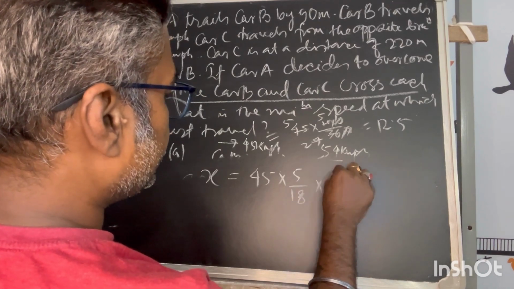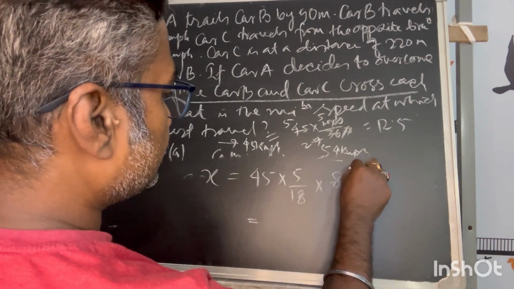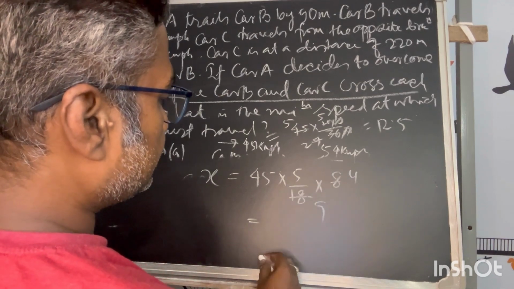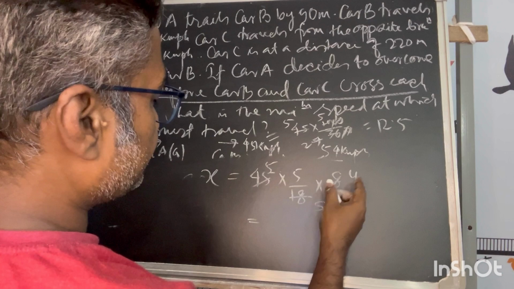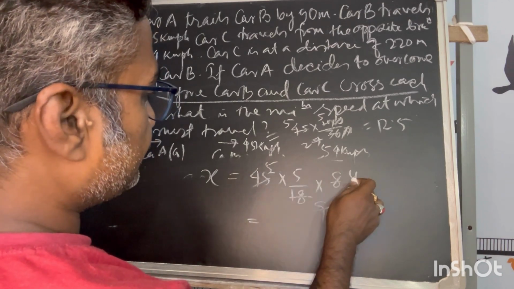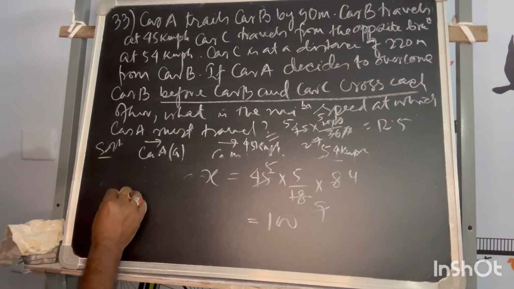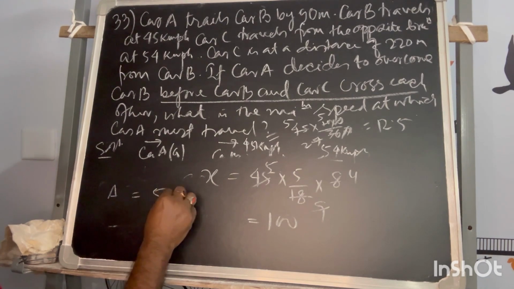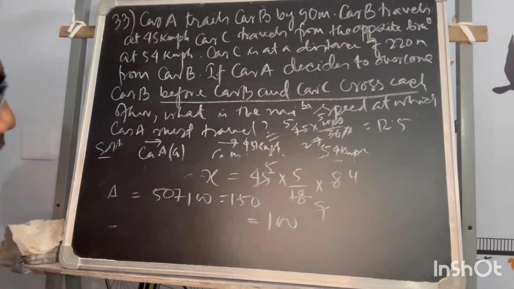So that is equal to 8, 4, 2, 9, 5, 5 is the 25. 25 into 4, 100. Sorry, this will be 100. Now the distance that A has to cover is equal to 50 plus 100. Sorry, that is equal to 150. I have made some mistake there, I suppose.